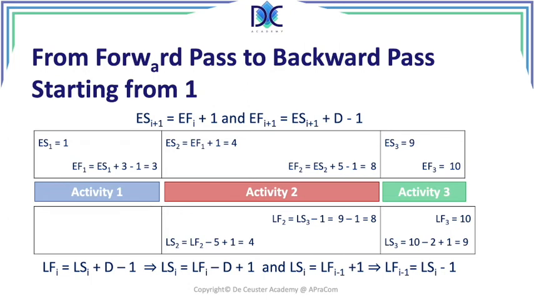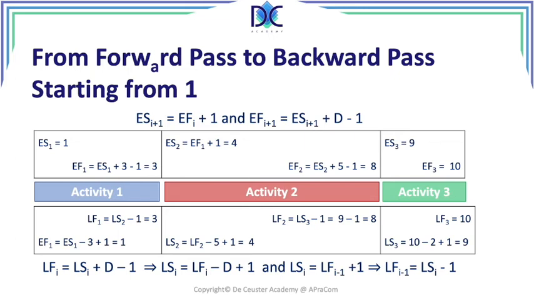For the last activity, we can say the late finish of 1 is late start of 2 minus 1, which is equal to 3. And we can also now calculate that the late start is equal to the late finish minus 3 plus 1, which is equal to 1.